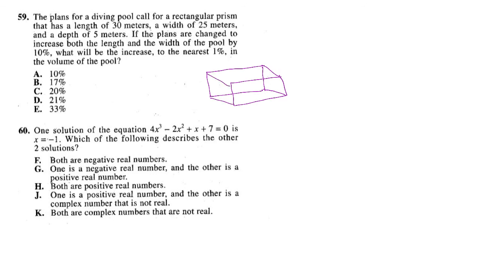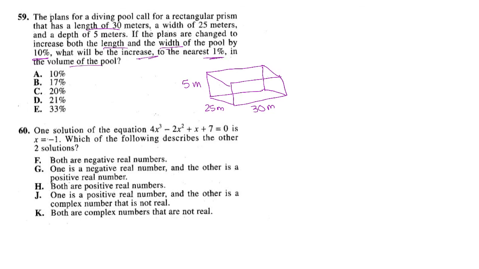And let's see, it has a length of 30 meters, a width of 25 meters, and a depth of 5 meters. If the plans are changed to increase both the length and the width of the pool by 10%, what will be the increase to the nearest 1% of the volume?